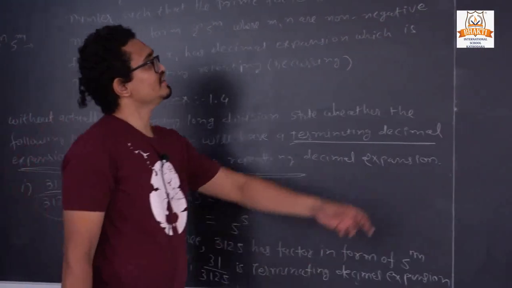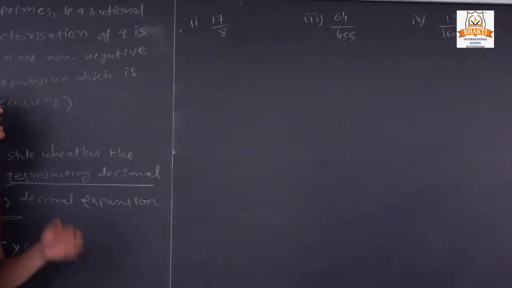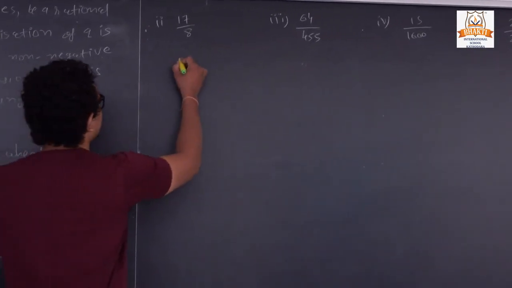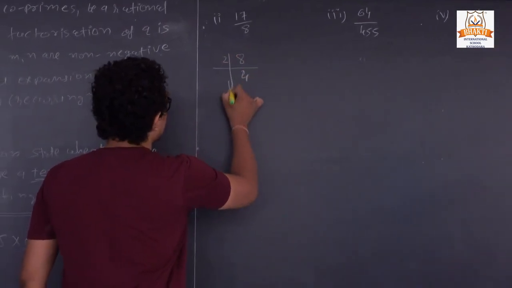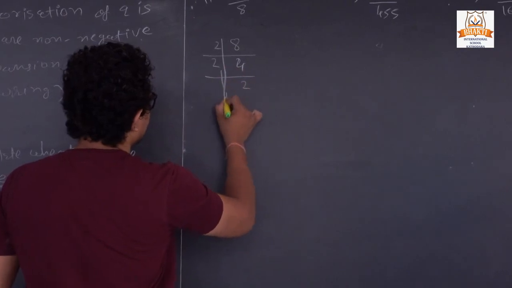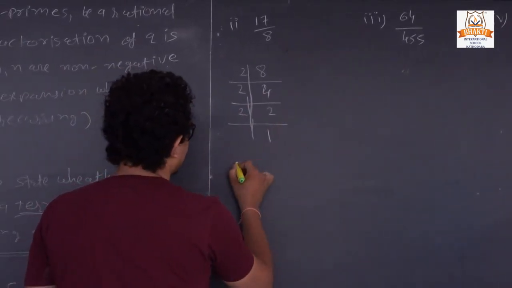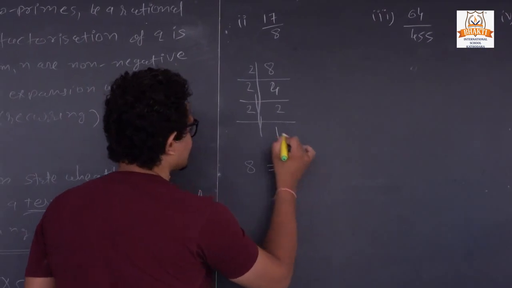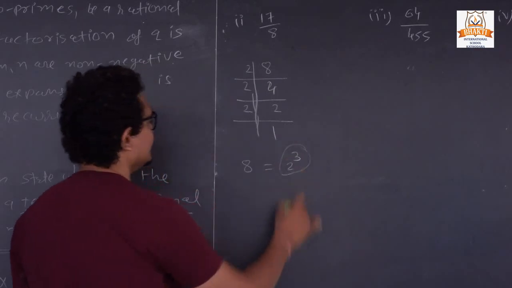Now our second question: 17 upon 8. In 17 upon 8, what is the factor of 8? It will be 4, and once again 2, and 2 ones are 2. So the factor of 8 is 2 raised to 3. So once again the denominator is in the form of 2 raised to m.